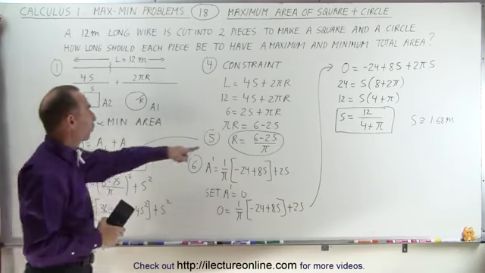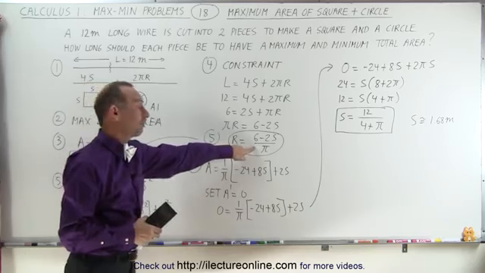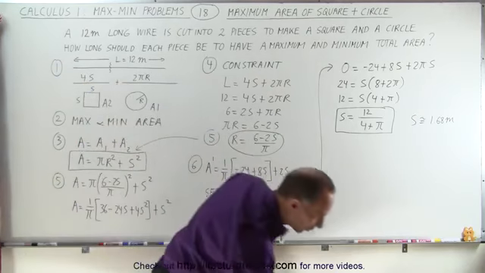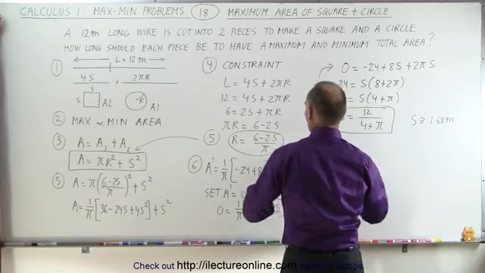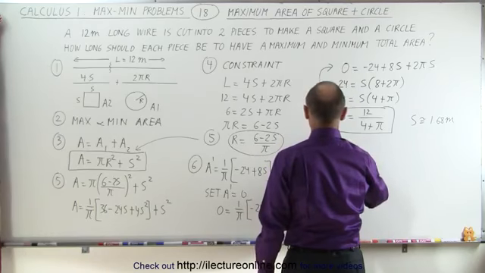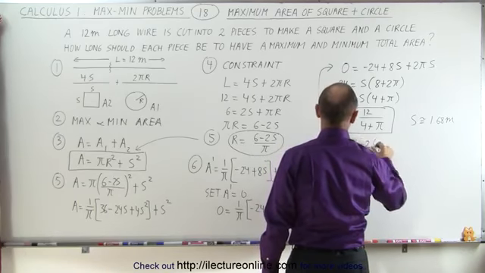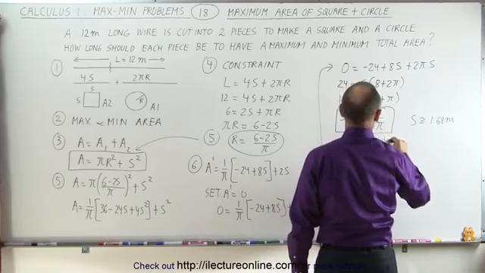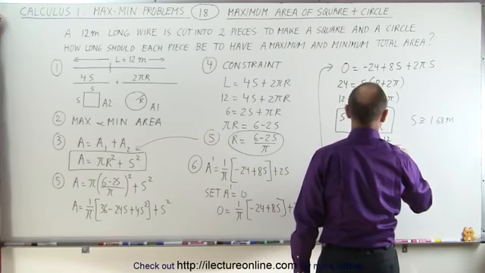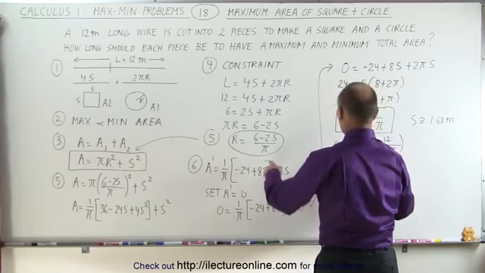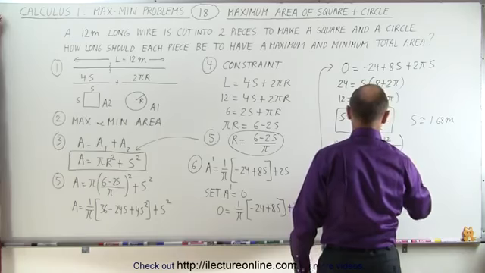Now, since we have the radius of the circle expressed in terms of s, we can use that to find the radius of the circle. So we have r is equal to 6 minus 2 times s, and s was 12 divided by 4 plus pi, and then divide the whole thing by pi.